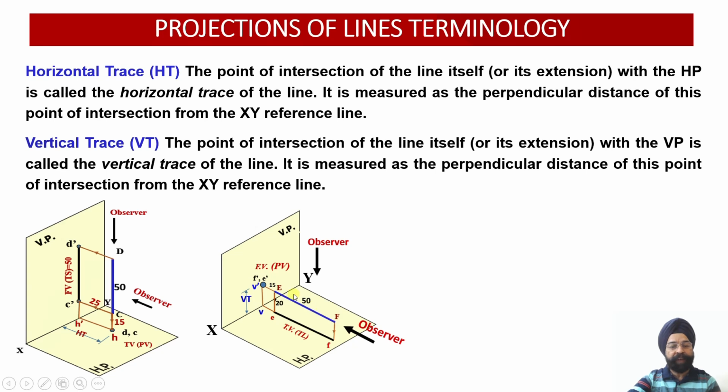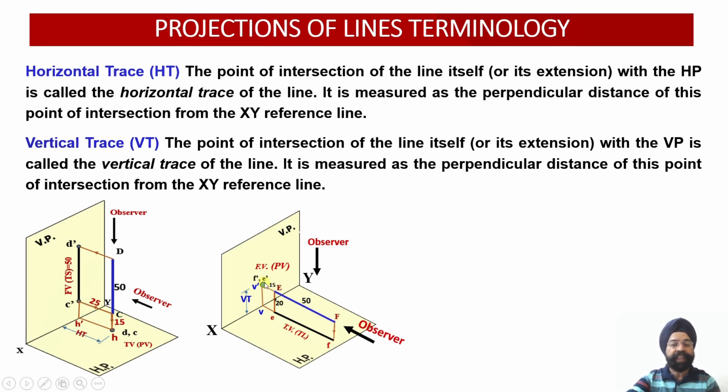No. So we have to extend this line till it meets the vertical plane at a point. Once we extend this line, the point wherever it intersects, we call it V dash. Why do we call it V dash? Because it is appearing on the vertical plane, and on the vertical plane the elevation or the front view points will be described.